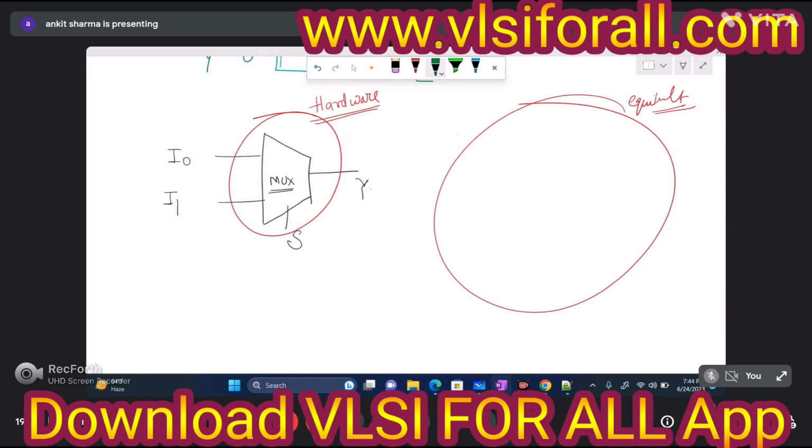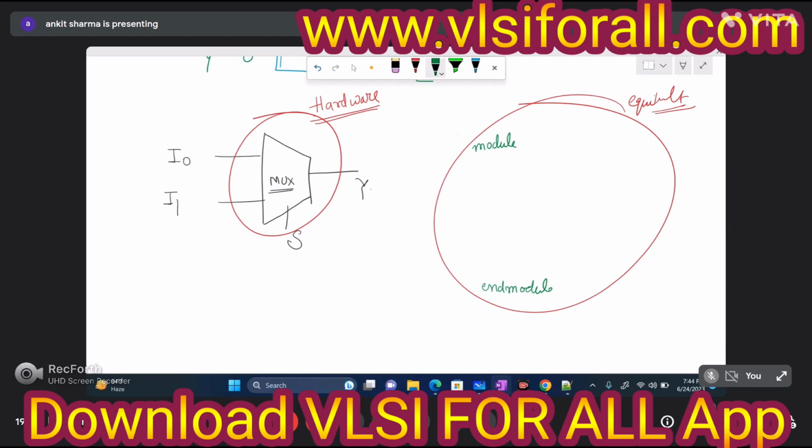Syntax-wise you should not worry now, because you do not know the syntax. Just see how we will do it. Some kind of module and endmodule. These are the syntaxes.